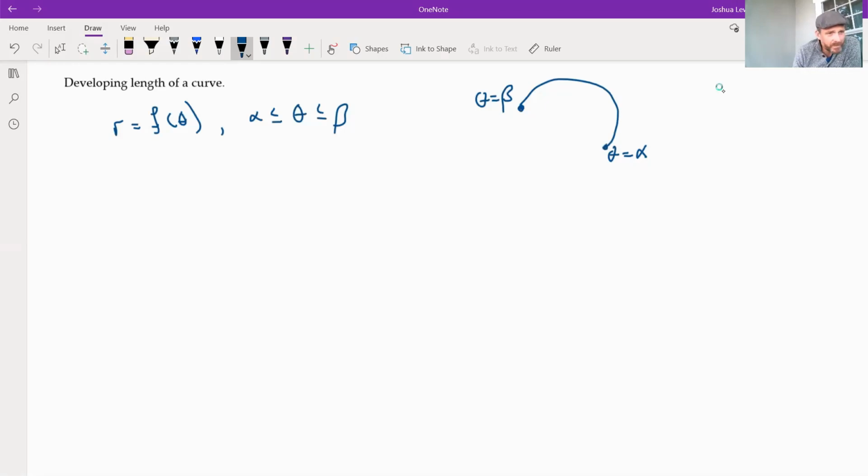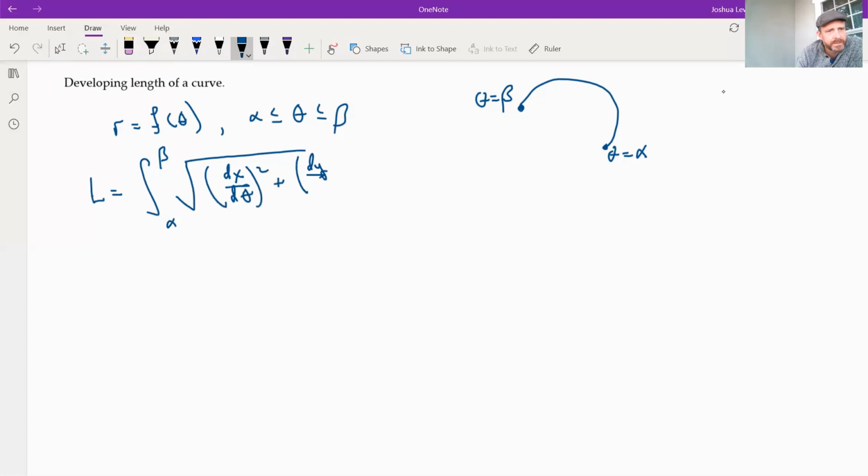Well, really, we could think of a parameterization, right? We know that when we have a parameterization, arc length is the integral of the square root of (dx/d theta) squared plus (dy/d theta) squared, d theta.